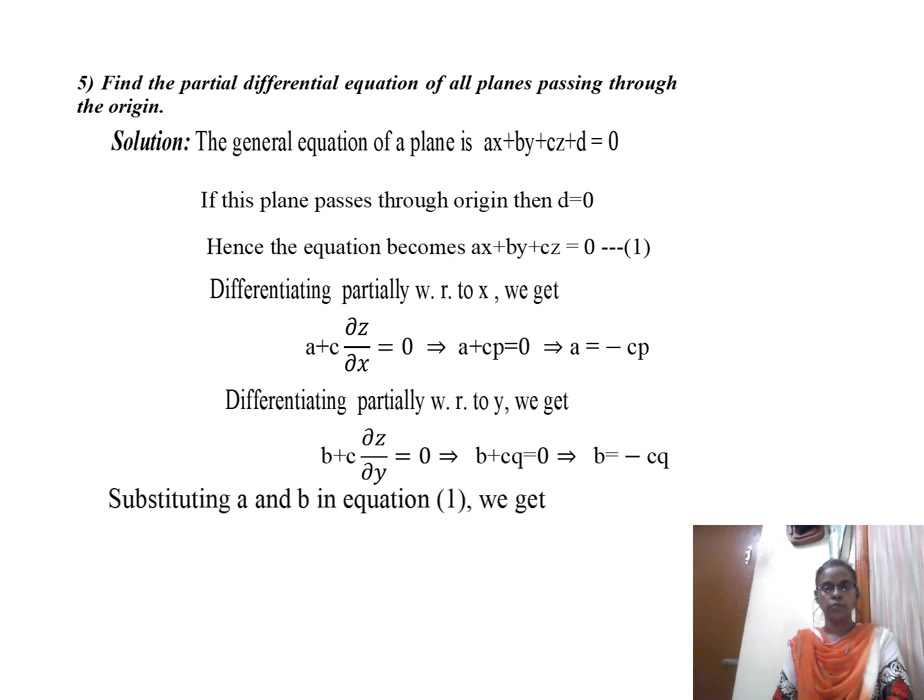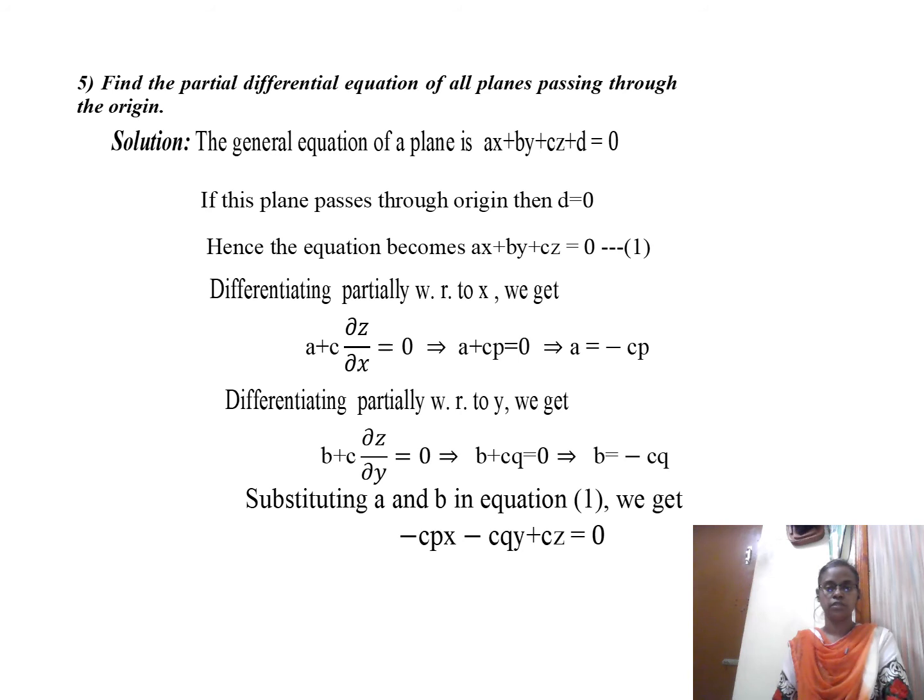So what is the idea you people get now? We can substitute these values of a and b in equation 1. When we do that, we observe a into x. So in the place of a, when I put minus cp, I get minus cpx plus by. In the place of b, when we put minus cq, we get minus cq into y plus cz equal to 0.